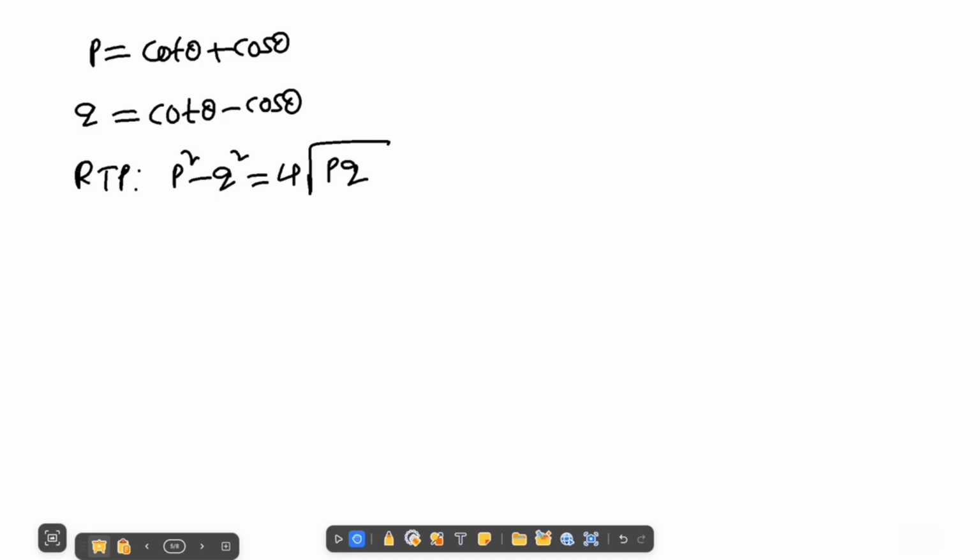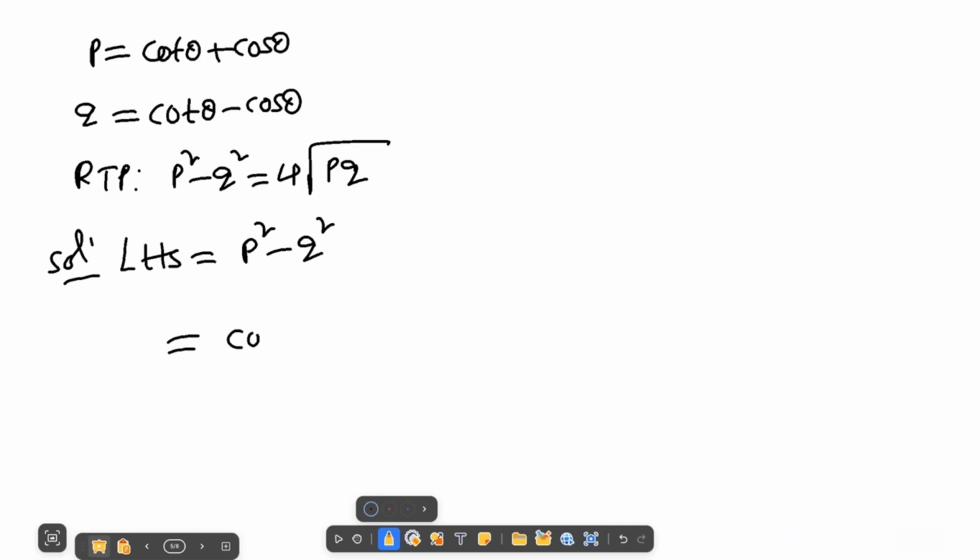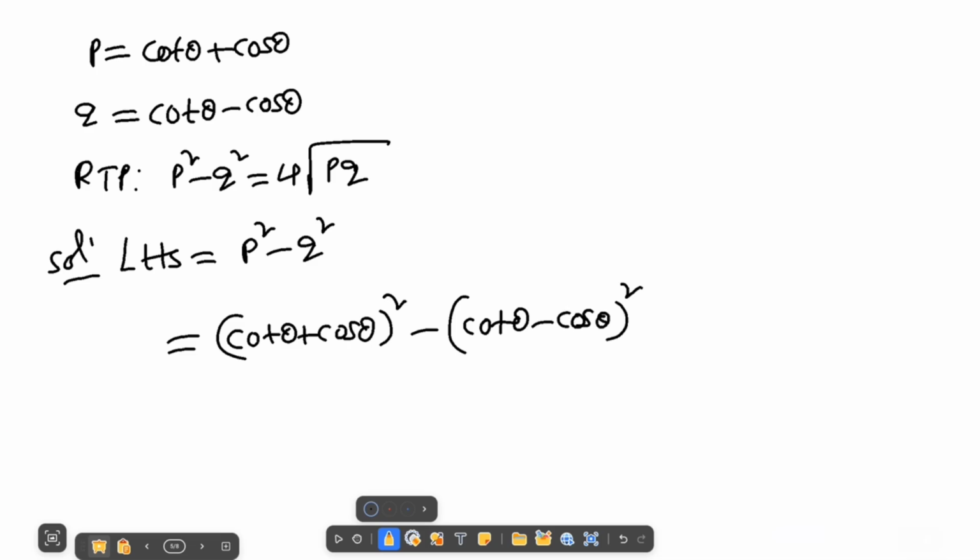So first of all, we have P square minus Q square, right? Let's take LHS. So what is LHS here? P square minus Q square. So here P is cot theta plus cos theta whole square minus Q is cot theta minus cos theta whole square.